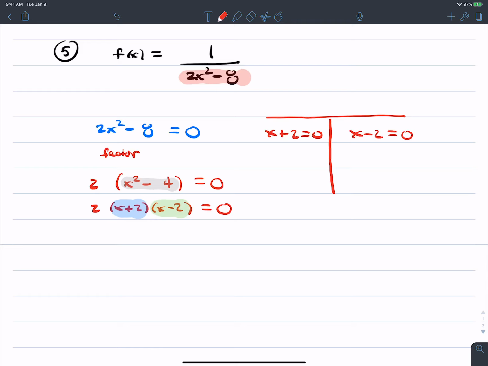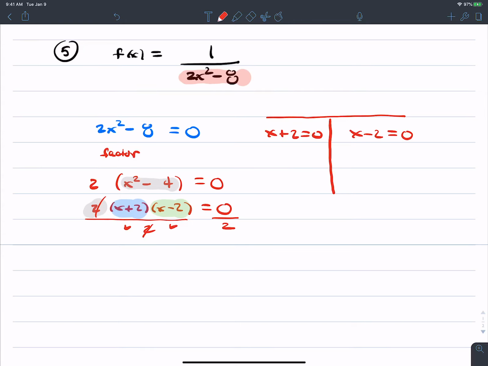People may wonder, how come I'm not using the fact that 2 is multiplied to these terms and we get 0? Well, 2 could never change our answer here to be 0. The only variables we have in our equation are here and here. Some students like to divide both sides by 2 if it makes them feel better.